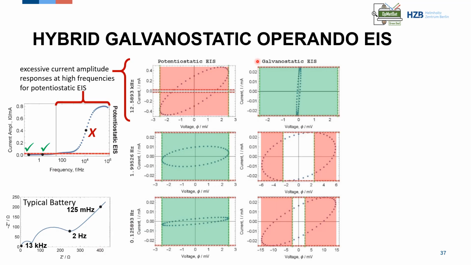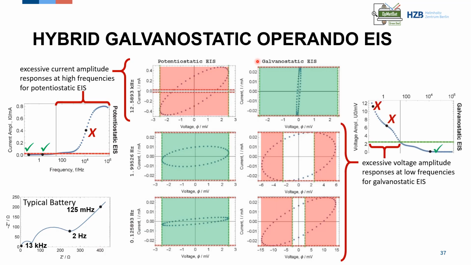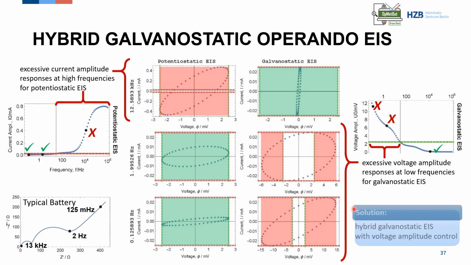On the other hand, for galvanostatic mode, the voltage is the response signal, and this voltage can exceed its amplitude at lower frequencies. To cope with all frequency ranges, the optimal method would be hybrid galvanostatic mode, which uses AC current and records AC voltage with controlled amplitude.